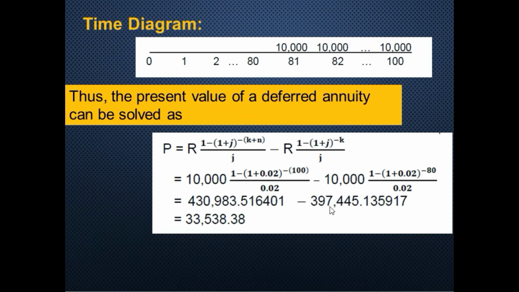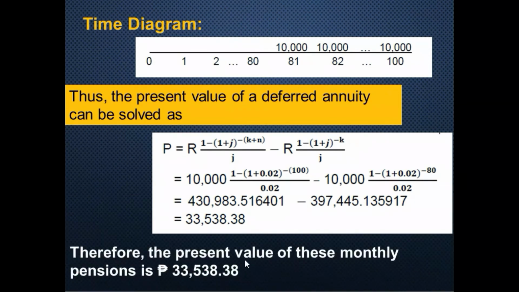The answer is 397,445 pesos and 135917 centavos. So, the final answer is 33,538 pesos and 38 centavos. That is now our present value of the pension payment.